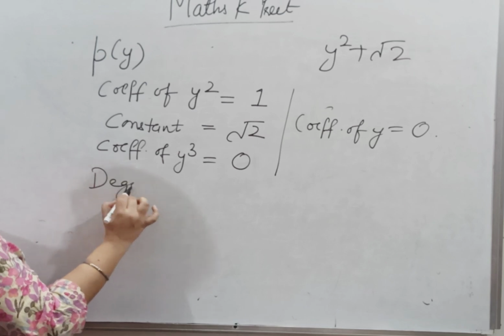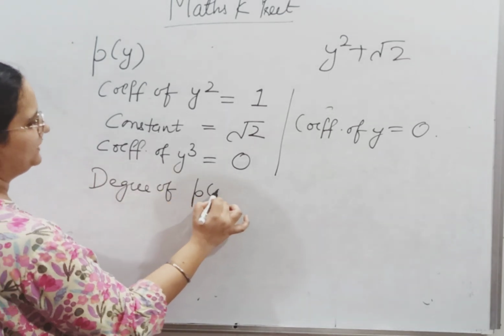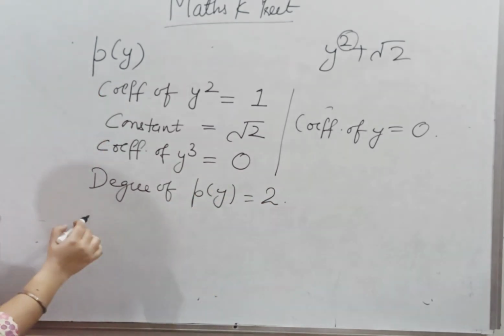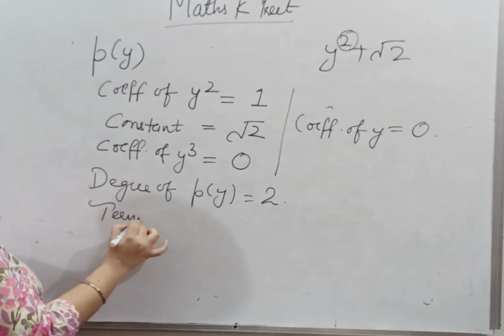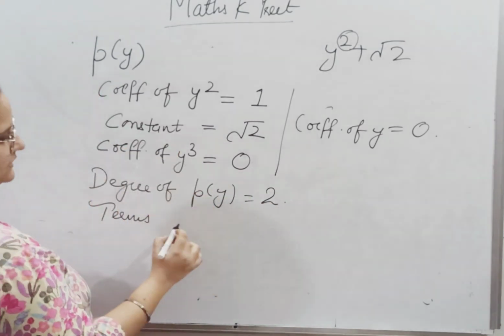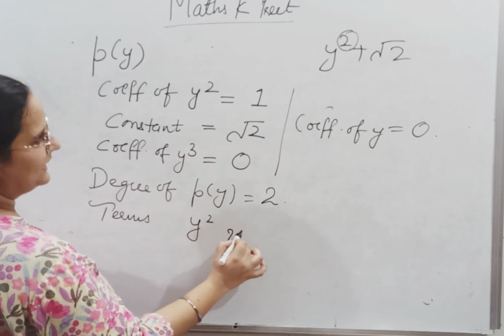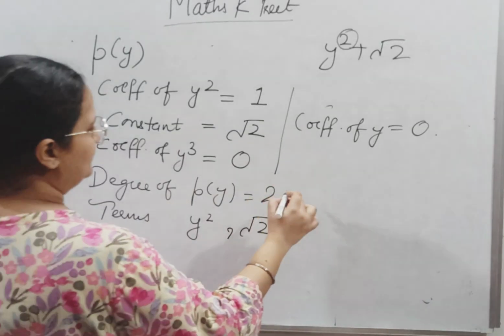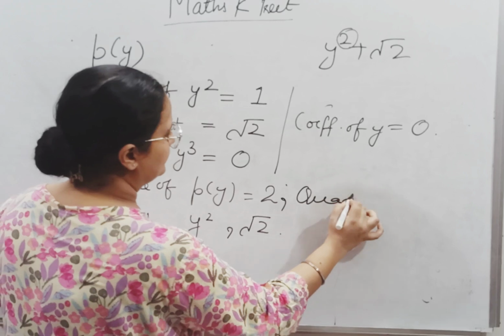Let's see the degree of the polynomial, degree of p(y). The highest power here is what? 2, so degree is 2. Next, write the terms. Number of terms, 2 terms. What are the terms? y square and root 2. These are the 2 terms. So if the degree is 2, it will be known as a quadratic polynomial.